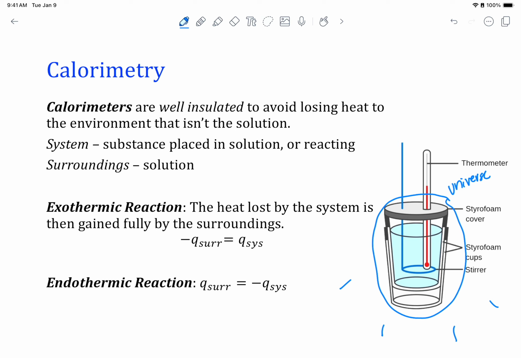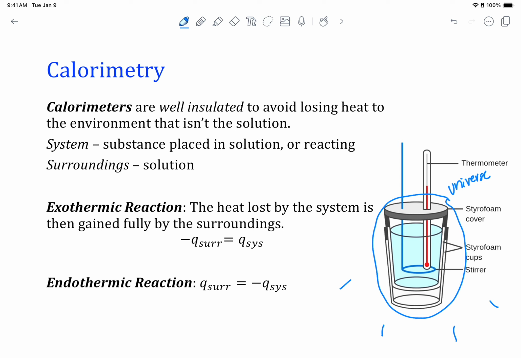So I have a quick practice here that's going to show us how we're going to use our Q equals mC delta T equation for a calorimetry problem. Now, what we were looking at before was we just had a pan. Here's my pan. Excuse me, I'm not an artist. There's a pan, and I heated it up, and I only worried about what was changing about the pan itself.